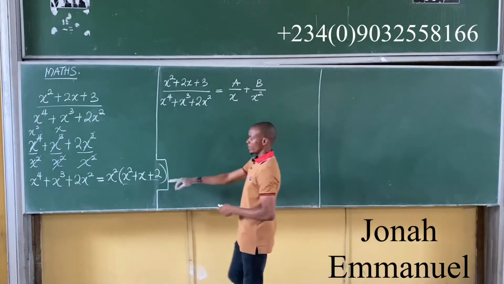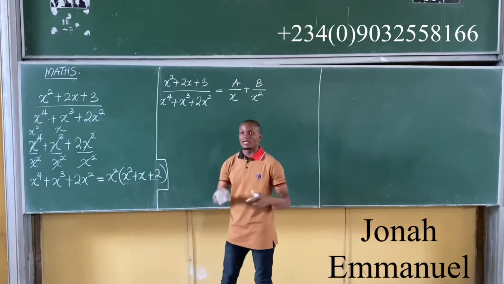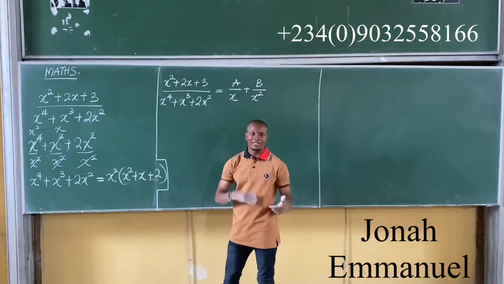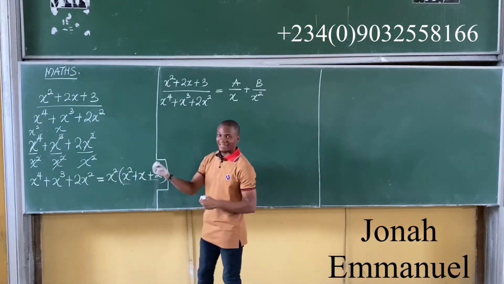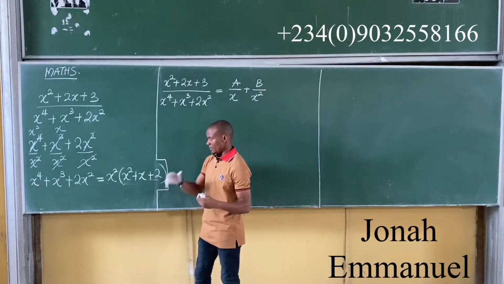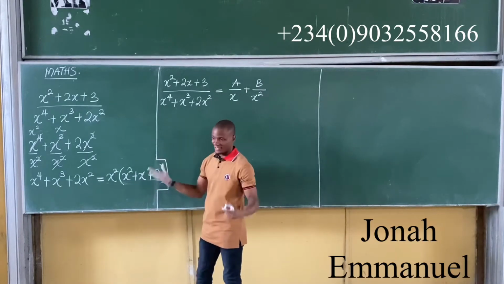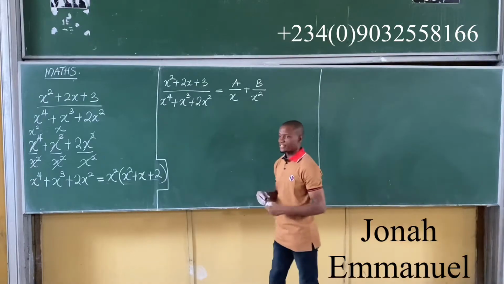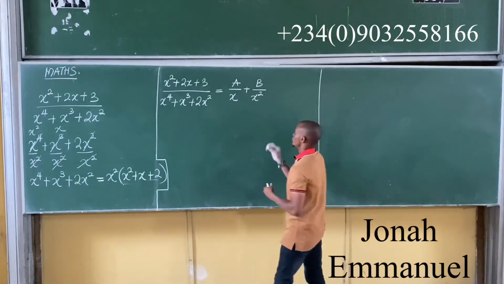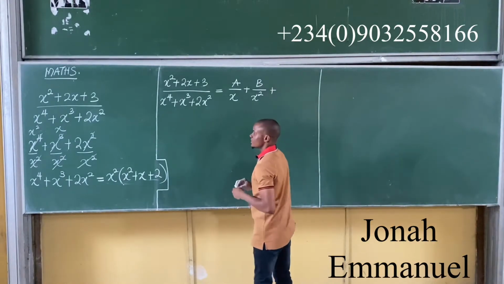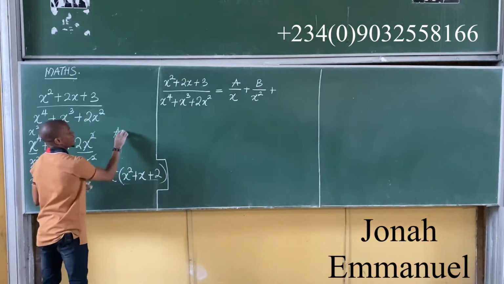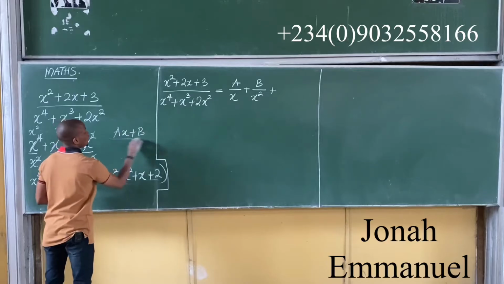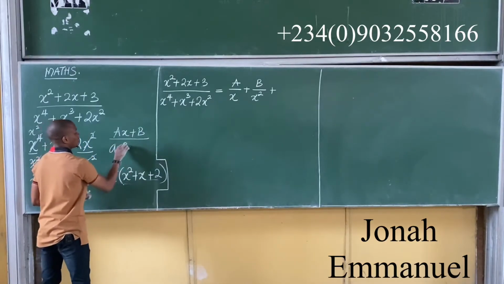Next up, I have this one here. Now, this one here is a non-factorizable quadratic equation because there are no two possible numbers that if I add them, I'll have 1 and multiply them will give me 2. They don't exist. So it becomes a non-factorizable quadratic equation. So it becomes plus. Now we said for a non-factorizable quadratic equation, I should be having ax plus b all over that equation.